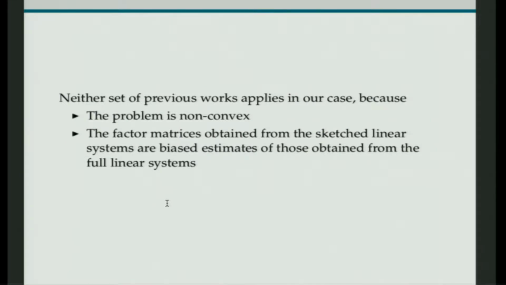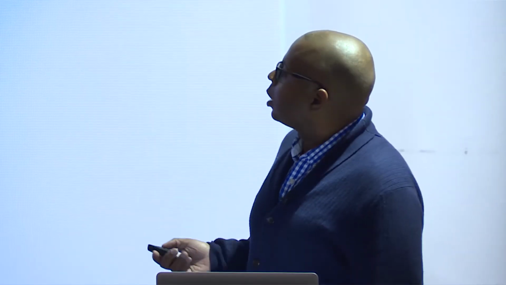Okay, so neither of these sets of works apply in our case because, well, the problem is non-convex, but also the factor matrices that we get from sketching these linear systems, because the gradient and the Hessian are being sketched simultaneously, give us biased estimates, so we can't just plug into the analysis for the deterministic algorithms.